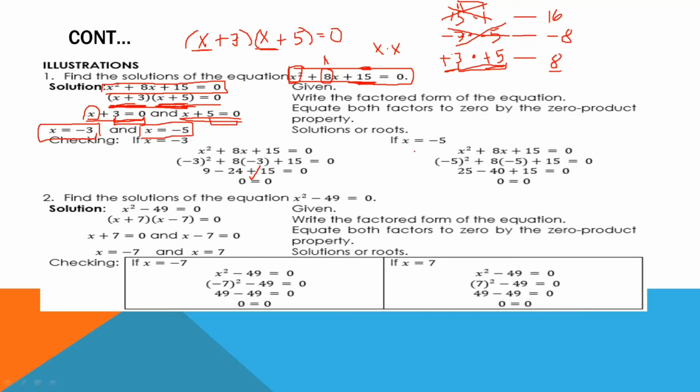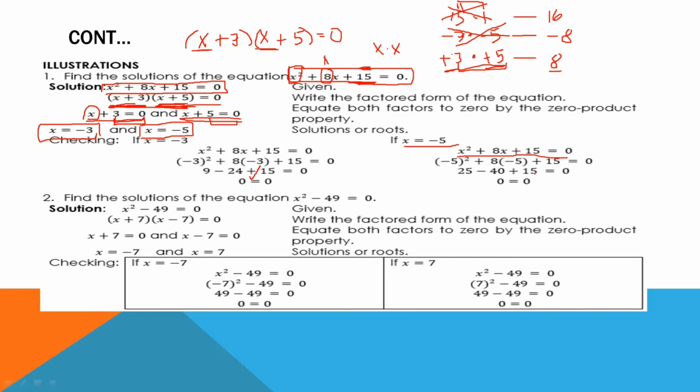So, now, let's check the other solution, which is negative 5. So, substitute the value of x to our original equation. So, ang gagawin natin, negative 5 squared plus 8 times negative 5 plus 15 is equal to 0. So, simplify, negative 5 squared is equal to positive 25. Then, positive 8 times negative 5 is equal to negative 40.